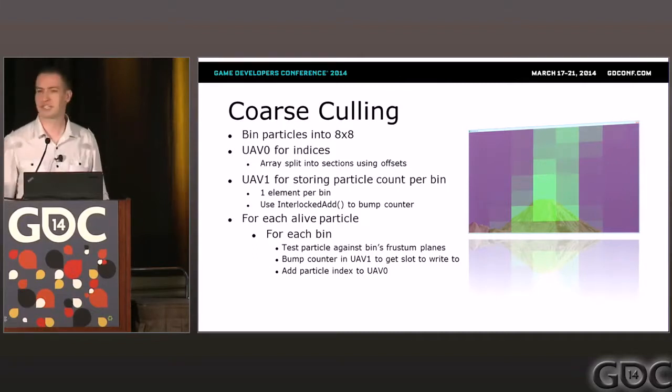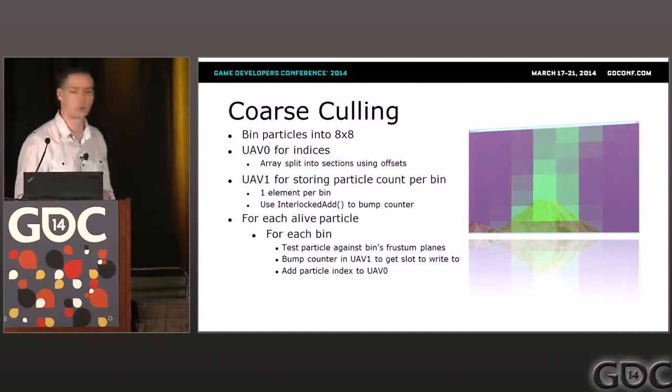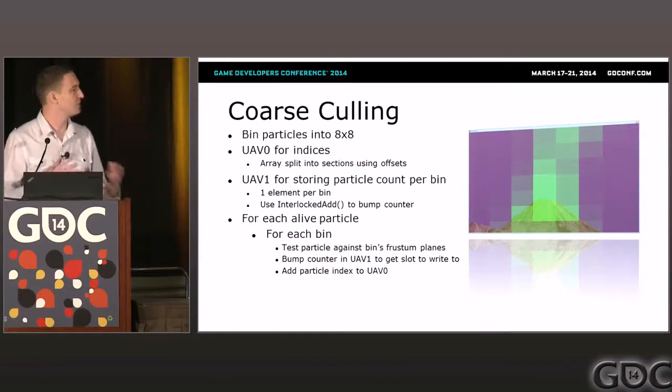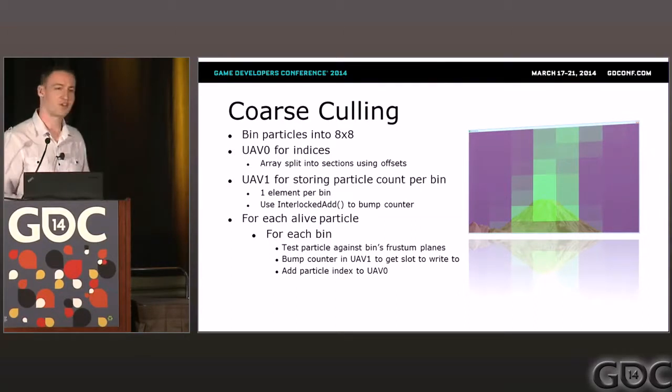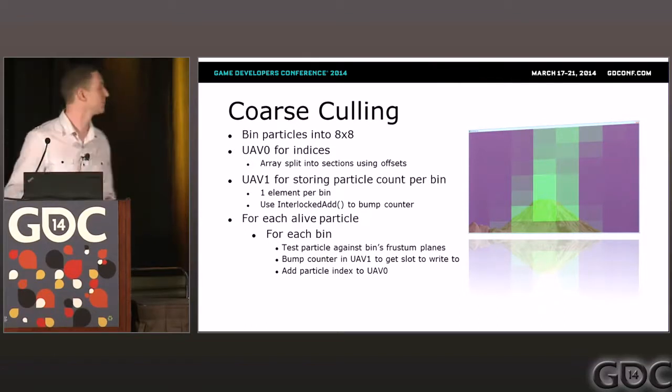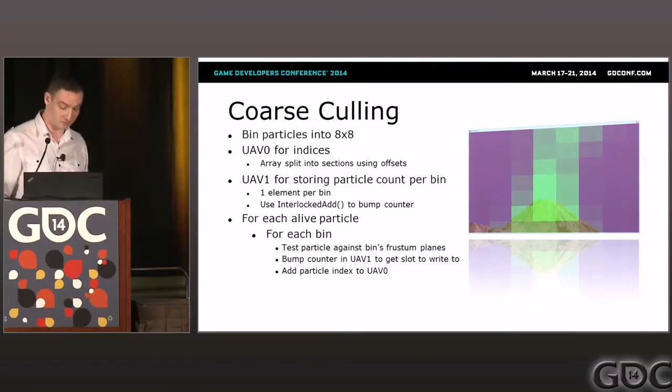This is something we looked at for Forward Plus, and it didn't seem to make any sense then, because the tiled culling wasn't that expensive and we only had like 100 or 1,000 lights. But now we're pushing through tens of thousands of particles, and coarse culling makes a lot of sense.